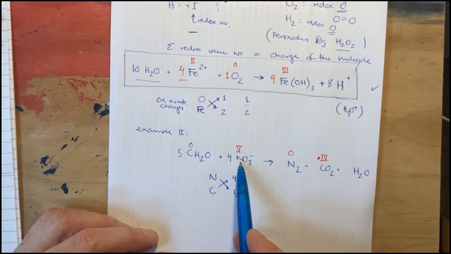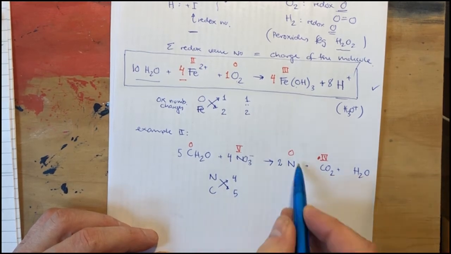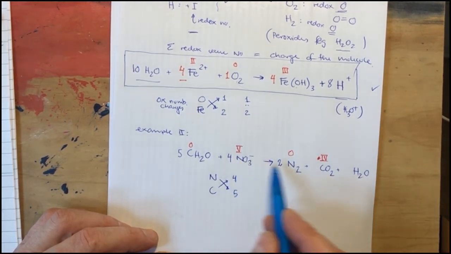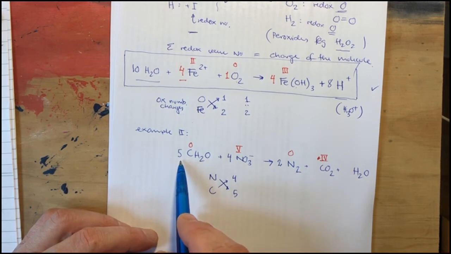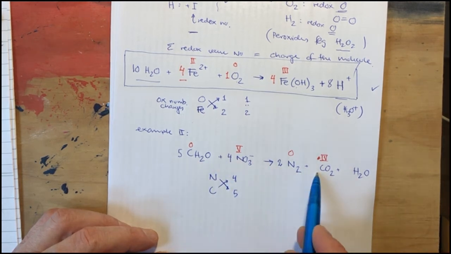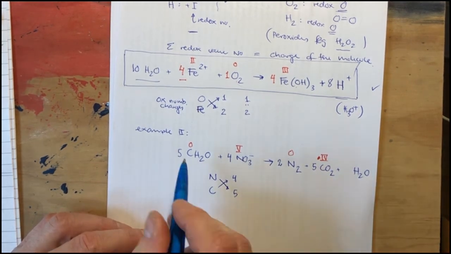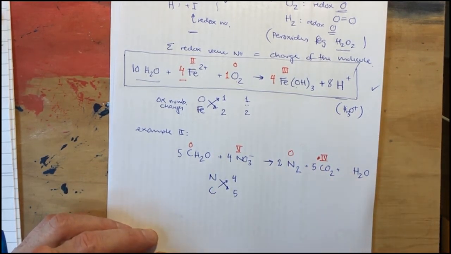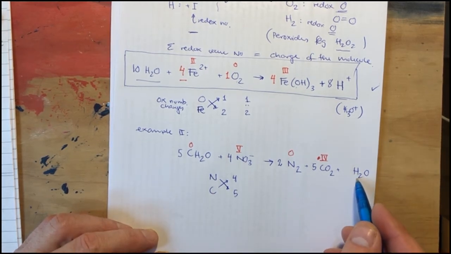Having 4 nitrogen atoms here, I need to have 2 molecules of molecular nitrogen here to match the amount of nitrogen on either side. And with respect to carbon, I would need 5 CO2 molecules produced because I use 5 carbon atoms in my organic matter. Now I could look at my hydrogen and balance out with water.